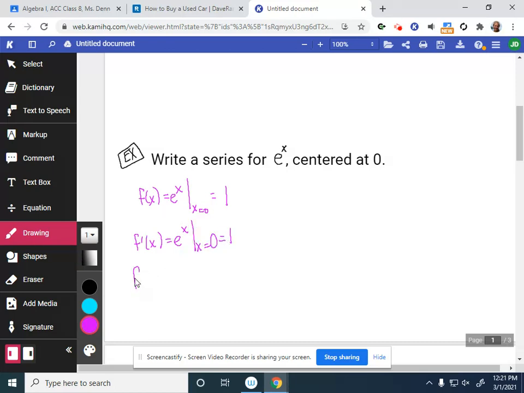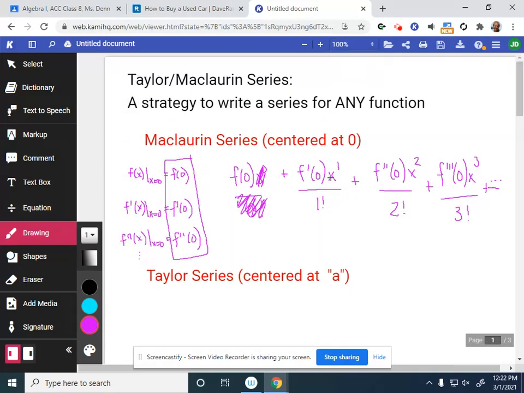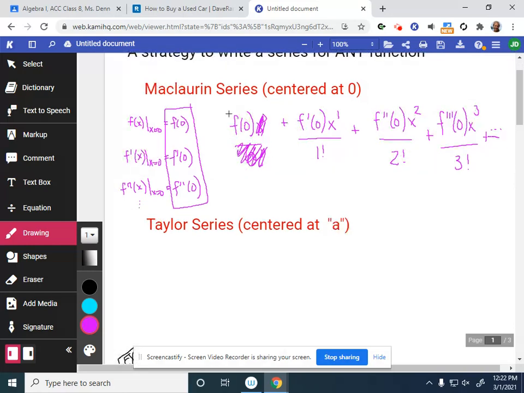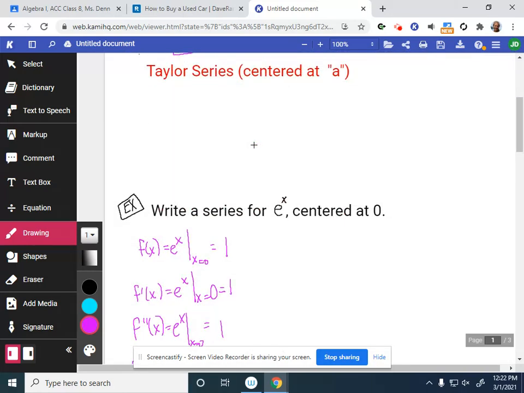The second derivative of f is e to the x. Evaluated at x equals 0 is still 1. So it turns out all of these derivatives are going to be the same. All of my f of 0, f prime of 0 are going to be 1. So when I write my series for e to the x, I'm going to follow this setup. The first term of the series is f of 0.